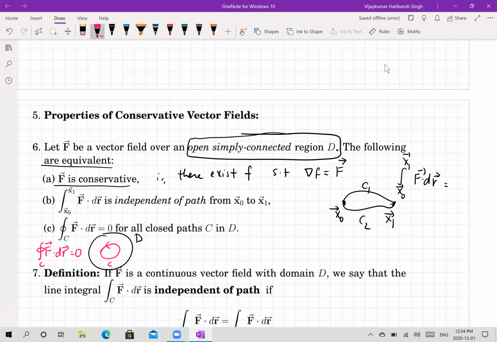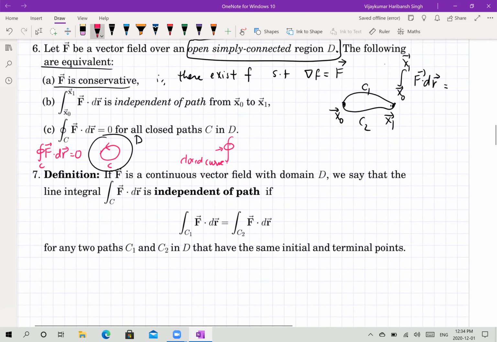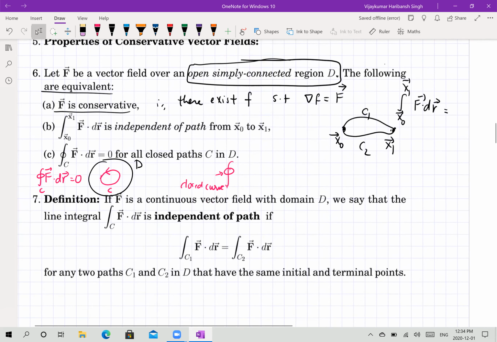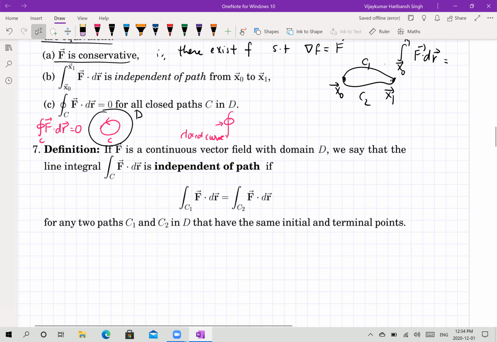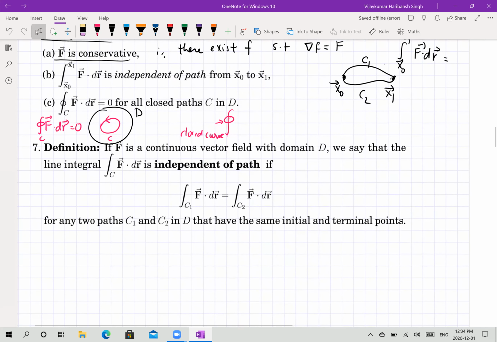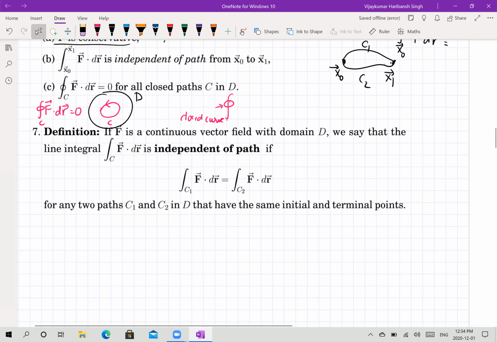The sign here for the integral is for the closed curve. Okay, so these three statements are equivalent. All right, so let's see how we go about it.